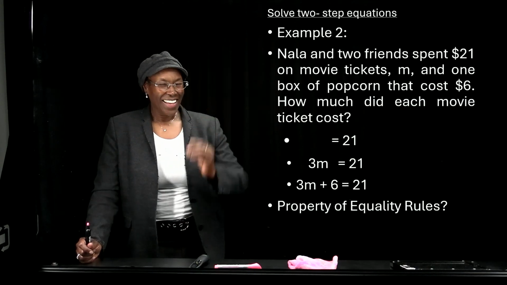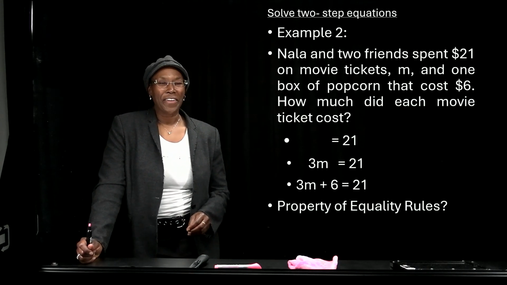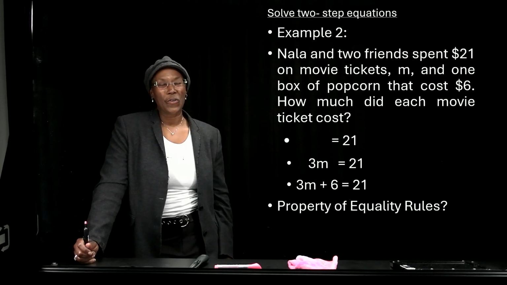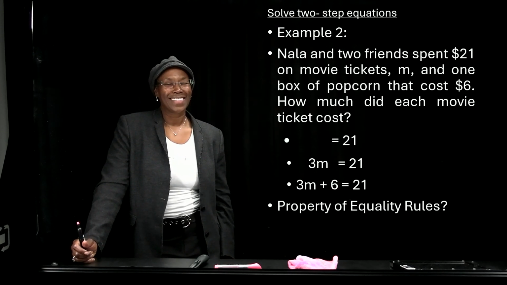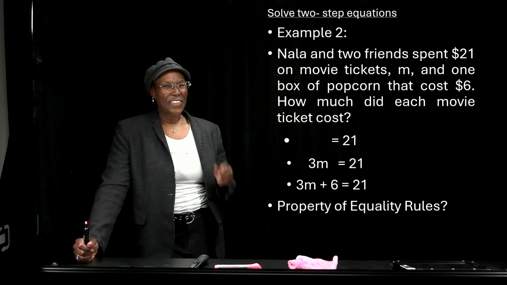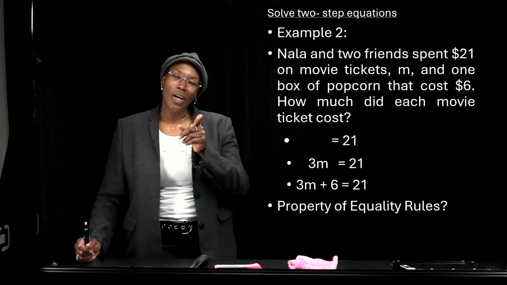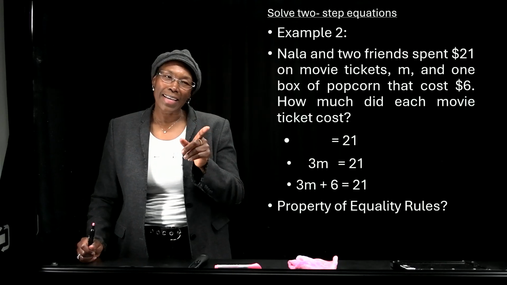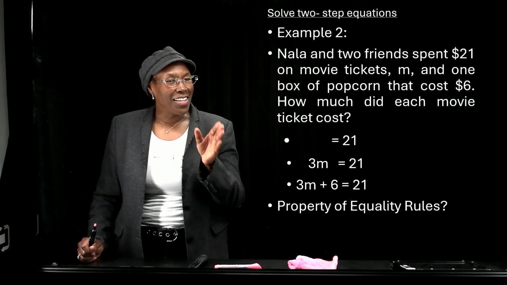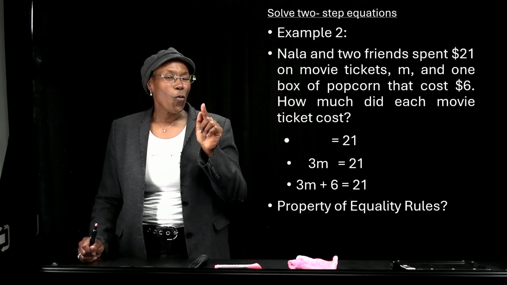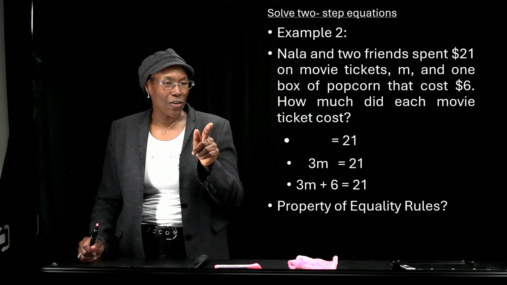All right, Team Jessica and Larry, what do you say? What properties of equality rules are you going to need to apply? Oh, good try, good try. You know, there's one rule that's not correct, but we're going to have another team help and assist so that you can see that you need to use the inverse, okay?